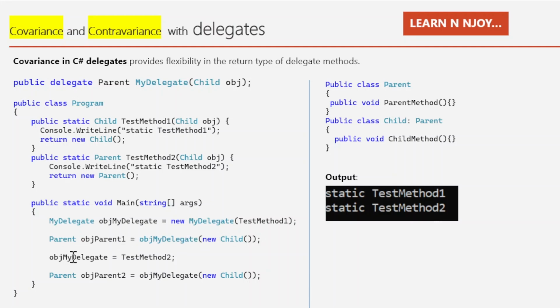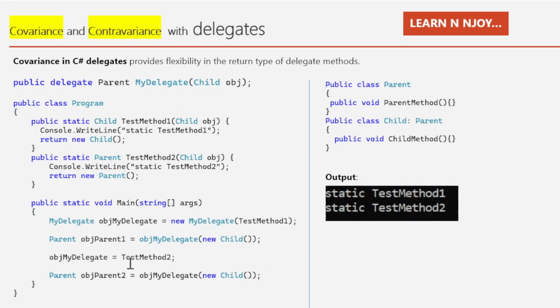And then in the next statement, I am assigning test method 2 to the myDelegate object: obj myDelegate is equal to test method 2. And then calling the method via the myDelegate object while passing the input parameter as a child object, right? So obj myDelegate new child, and the reference that we get, we are storing into this obj parent2 of the parent class.